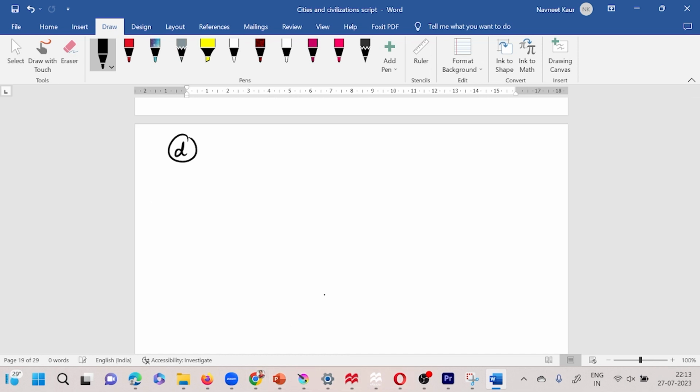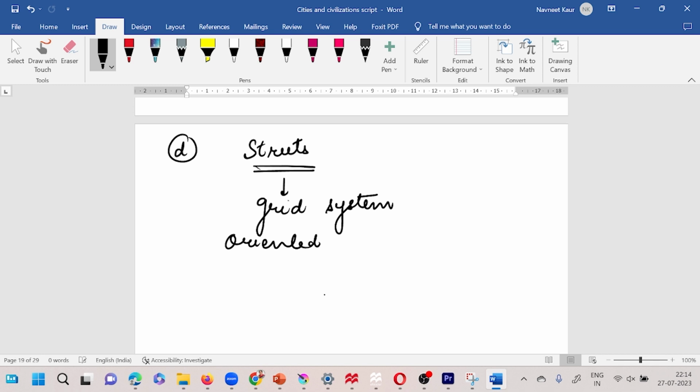Another important component of the town planning was streets. So the roads that were laid at Harappa were based on a grid system, and the streets were oriented east to west.